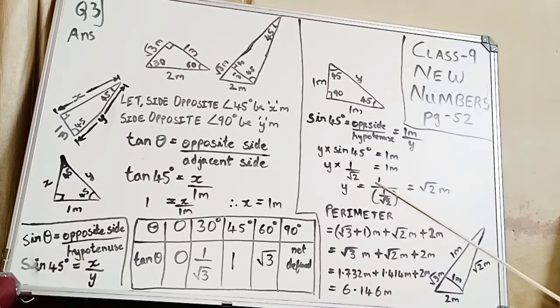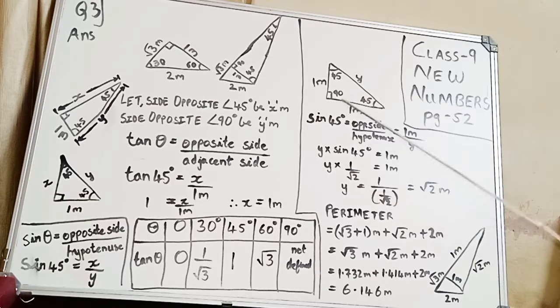So Y is equal to 1 meter divided by 1 by root 2. This 1 by root 2, if you take to the other side, the multiplication will become division. So it is 1 meter divided by 1 by root 2, and when this is reciprocated, it will become root 2.